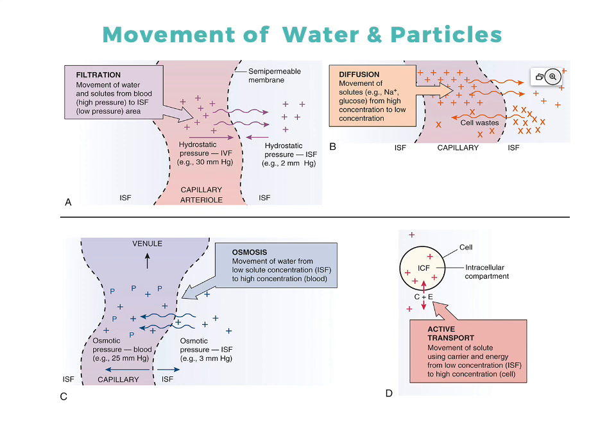Next, we have active transport. And this is where we have solutes that move from different areas, but it has to pretty much be forced inside of a different compartment. So you do see the movement of the solutes using a carrier. Normally, these carriers are proteins that have to be activated. A good example of that is the sodium potassium pump.